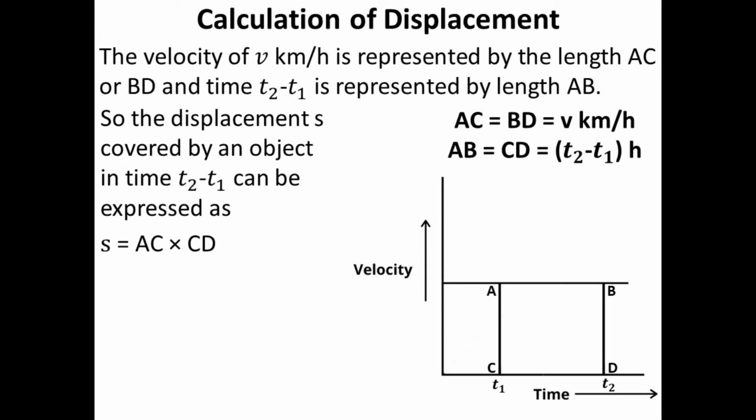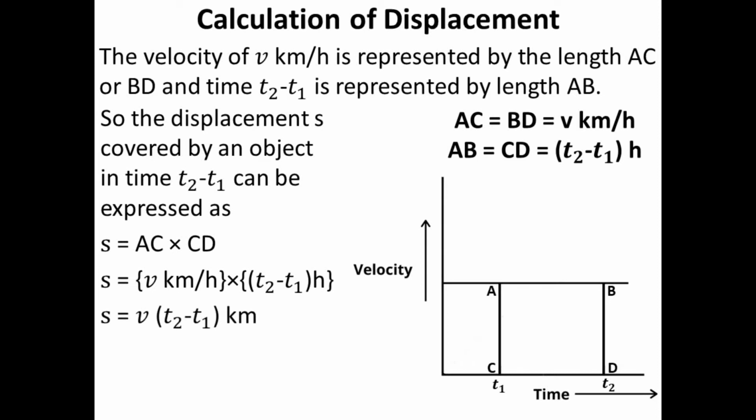Putting the values of AC and CD, AC which is equals to V km per hour and CD which is equal to T2 minus T1, we get this. Simplifying it, we get V into T2 minus T1 kilometer.